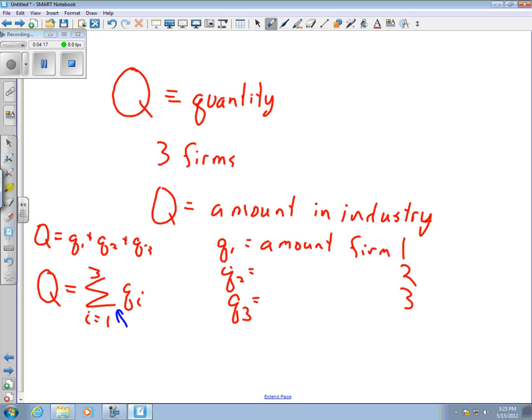You're going to add them all up. What are you going to add up? Well, the quantities, and the i stands for each firm, it's an index number. i equals 1 to 3. There are 3 firms, 1, 2, 3. We're adding them all up. So these expressions are equivalent. That's one of the ways we use shorthand, and it's one of the things that we have to worry about.